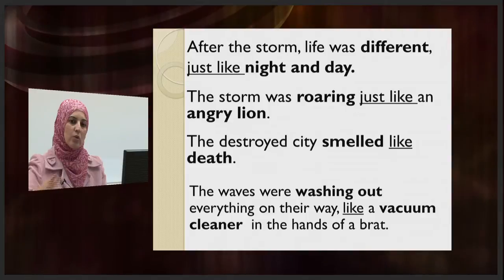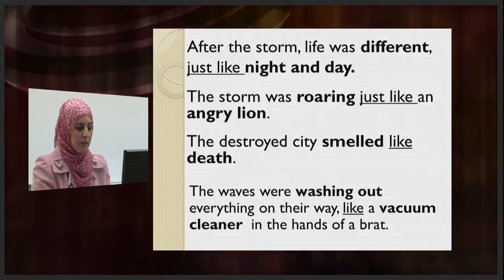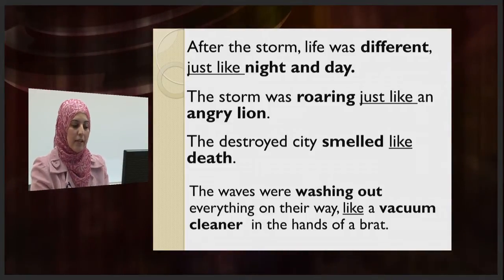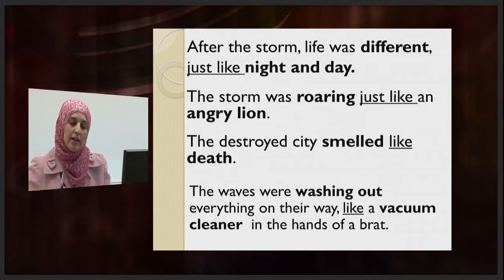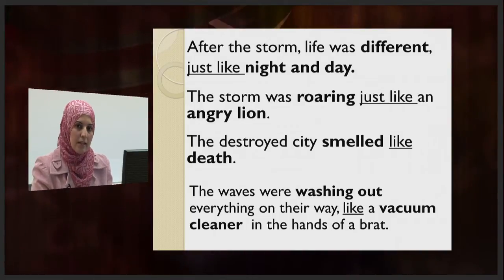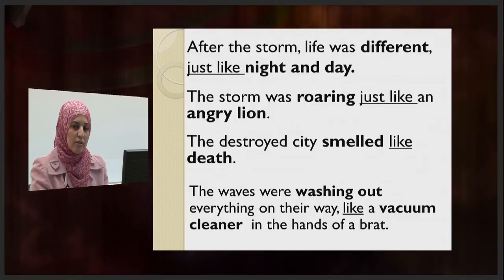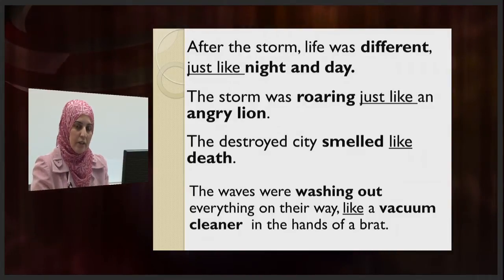The waves were washing out everything on their way, like a vacuum cleaner in the hands of a brat. Brat is a naughty boy. Just imagine that a naughty boy is carrying and holding a vacuum cleaner and washing out everything.